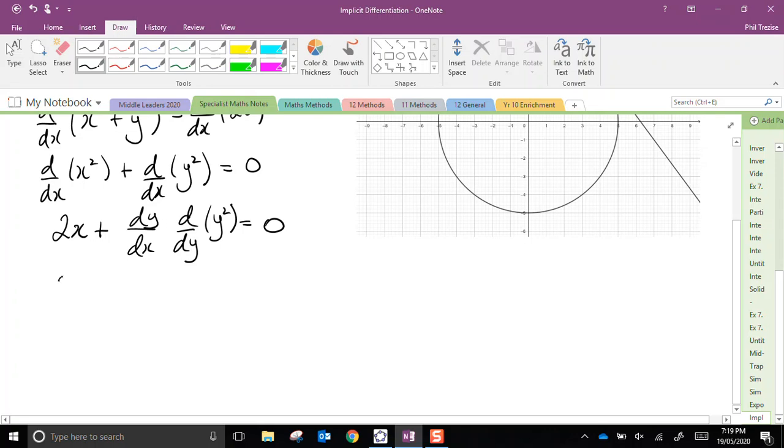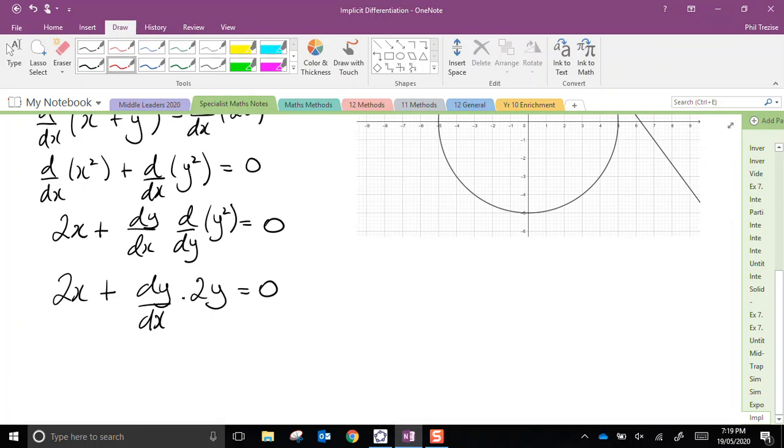Now, that means I would have a dy over dx multiplied by, and this part is just the derivative with respect to variable y, that's 2y. That step there is the implicit differentiation.